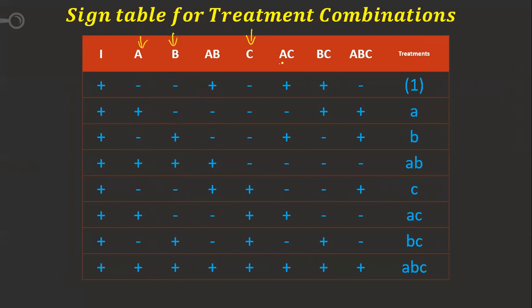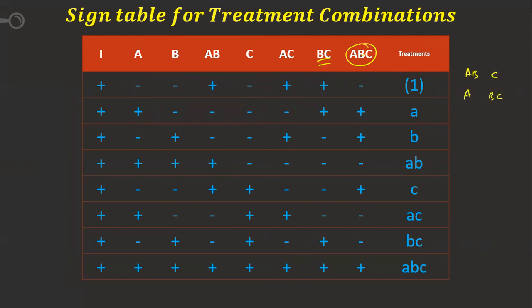Then I want to go for AC. What is A here? Minus. What is C here? Minus. Minus into minus gives you plus here. Here plus into minus gives minus. Here minus and minus gives you plus. Just like that I am going to include this. Similarly for BC, either you can take AB and C, or you can take A and BC.